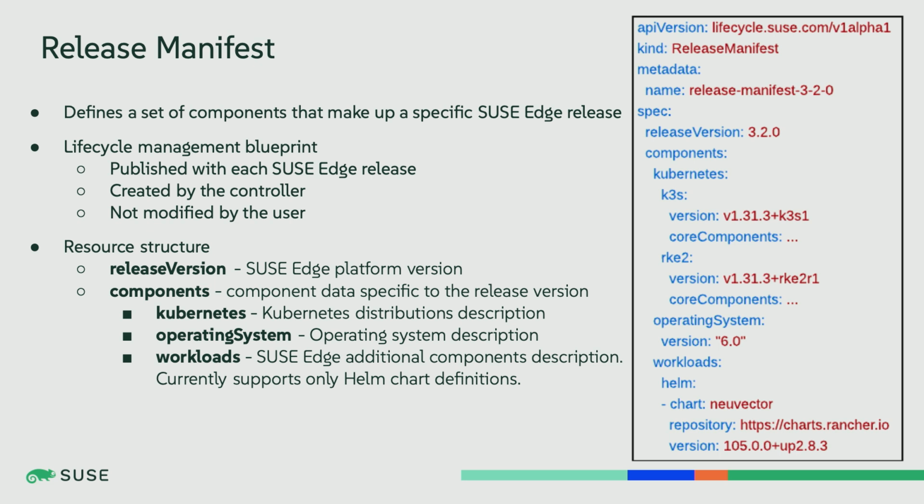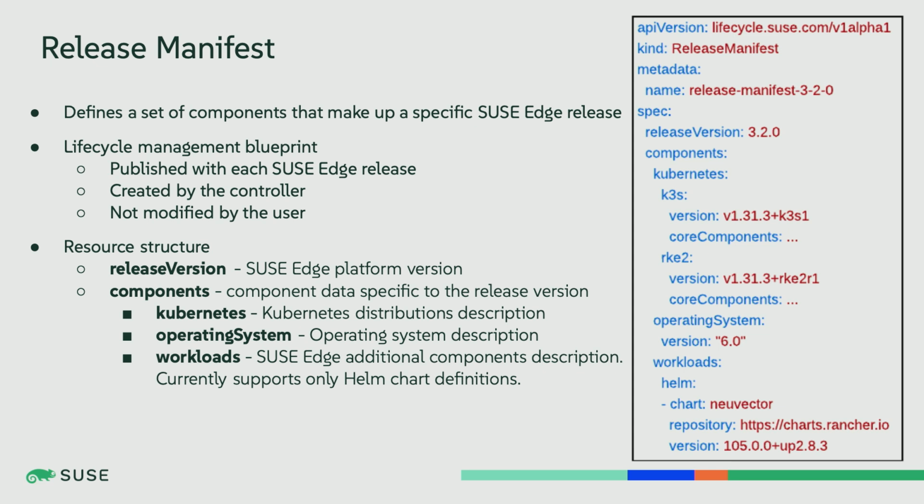The user does not have to care about the release manifest. They just need to specify an Edge version, and the upgrade controller will deploy the release manifest and start working with it.